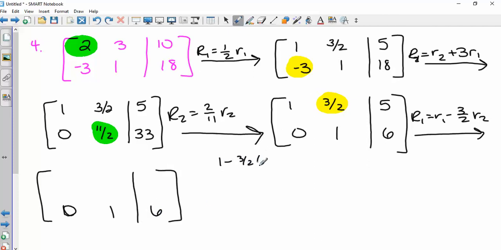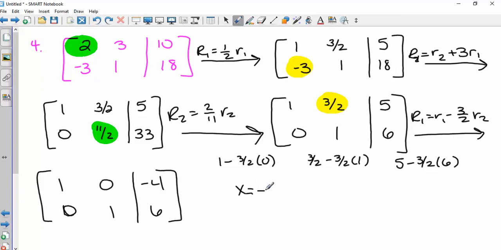So we have 1 minus 3/2 times 0, which is 1. 3/2 minus 3/2 times 1, which is 0. 5 minus 3/2 times 6, which is negative 4. So x is negative 4, y is 6, and that's our order there.